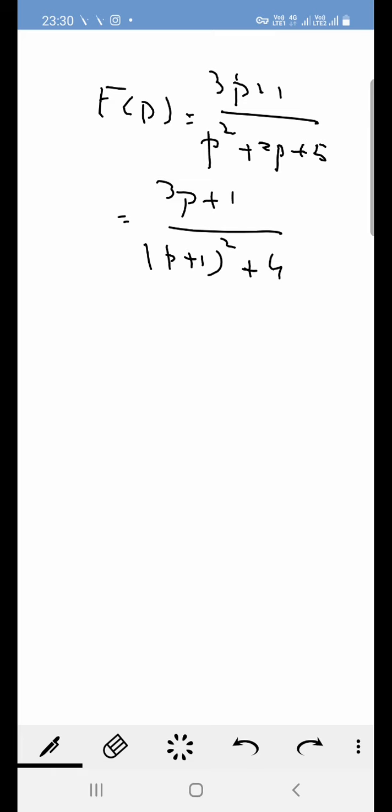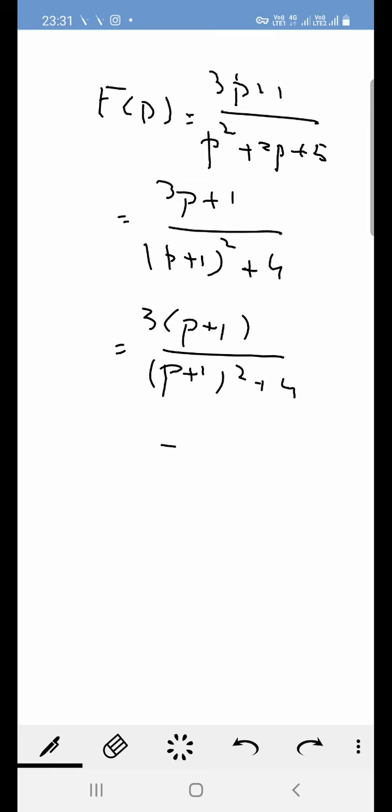So it can again be written as 3 into (p plus 1) divided by (p plus 1) whole square plus 4, minus 2 into (p plus 1) whole square plus 4.